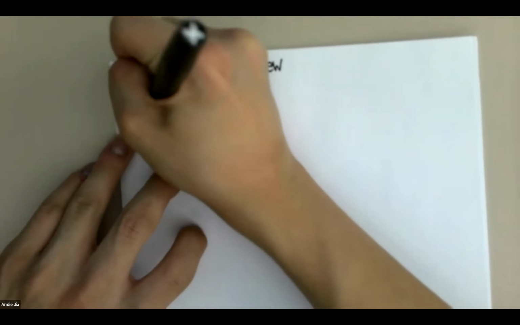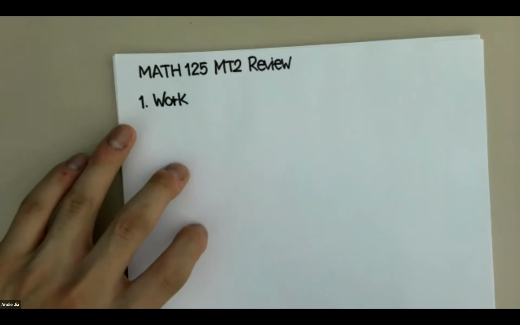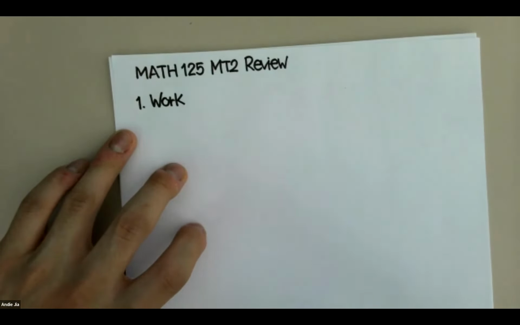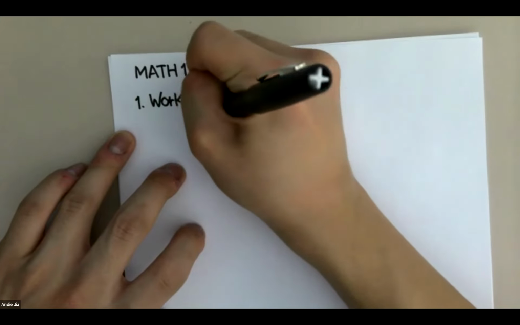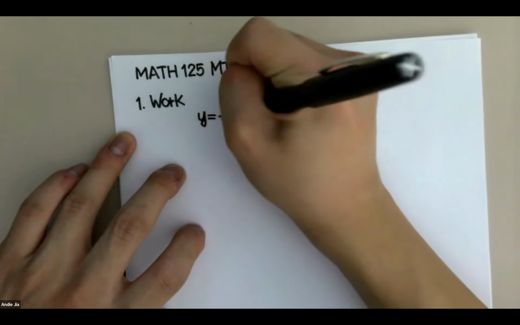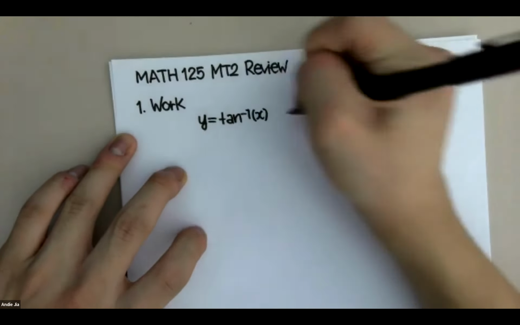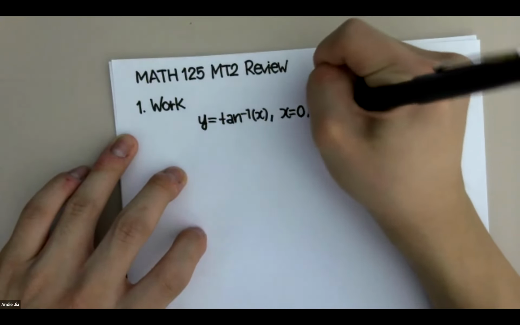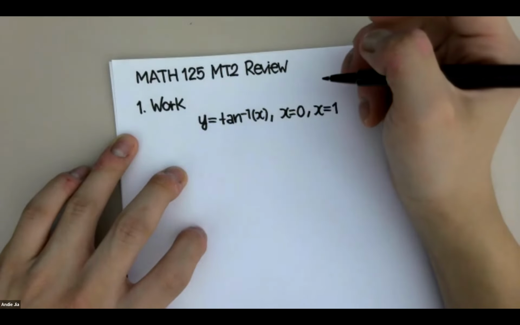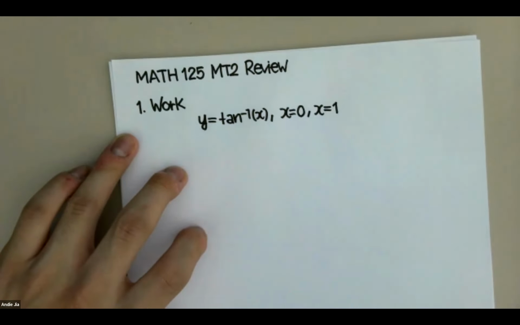And this is a word problem, and I think there's a function of y because it's arctangent of x, so it's inverse tangent. So we have y equals arctangent of x from x equal to 0 to x equal to 1.